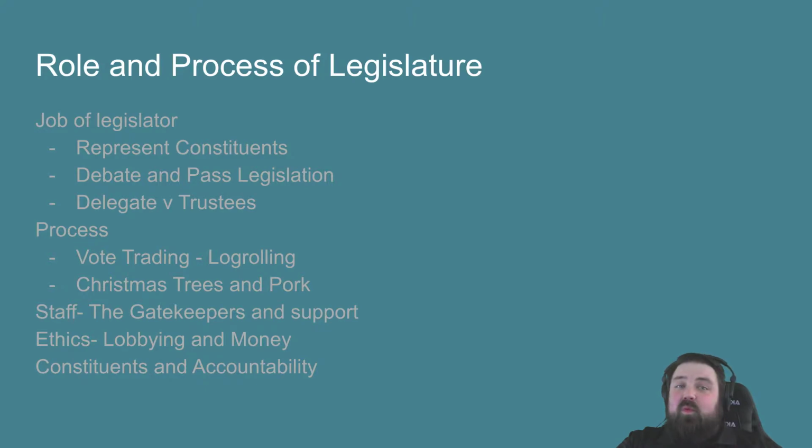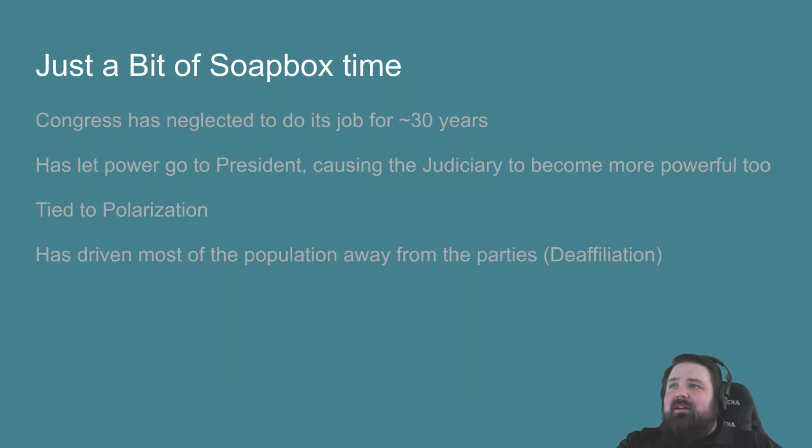So that really makes it difficult to keep Congress accountable. This mismatch between constituent views of their congressperson and the view of Congress as a whole creates a lot of problems, a lot of difficulties in keeping things accountable.